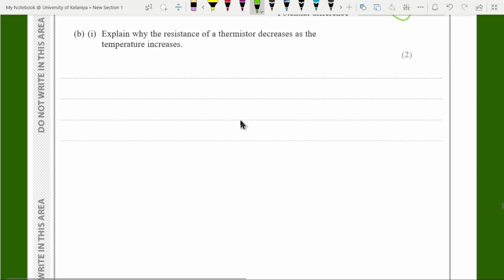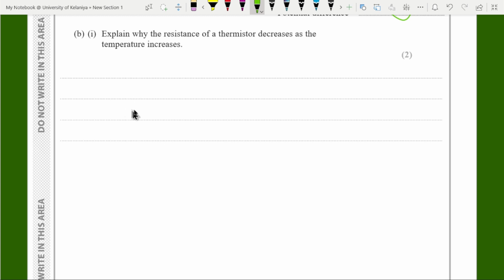Okay, explain why the resistance of a thermistor decreases as the temperature increases, right? It is easy. Why? Number of conduction electrons per unit volume increases when we increase the temperature, right?